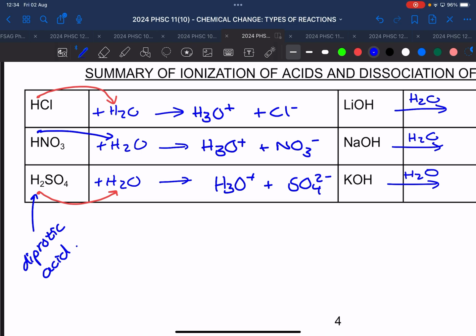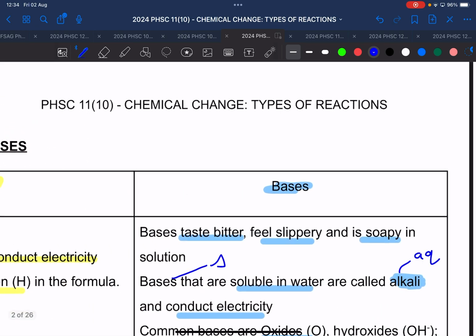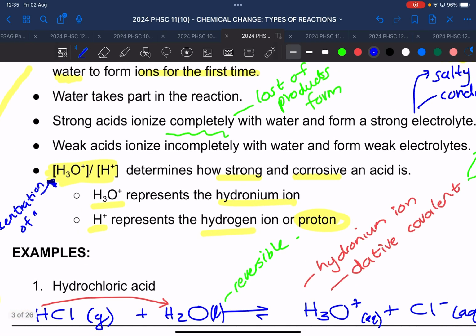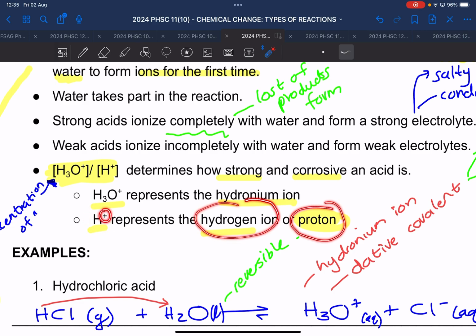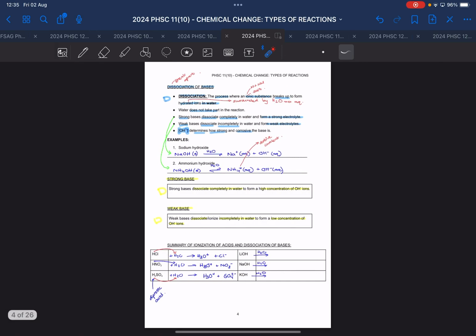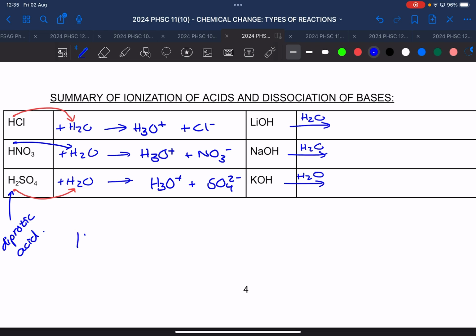We said here that the hydrogen ion represents a hydrogen ion or a proton. Why does hydrogen ion represent a proton? Because if you look at hydrogen, it actually consists of 1 proton and 1 electron. That's all it has. So if it loses an electron, if it becomes a hydrogen ion, then it has 1 proton still and 0 electrons.